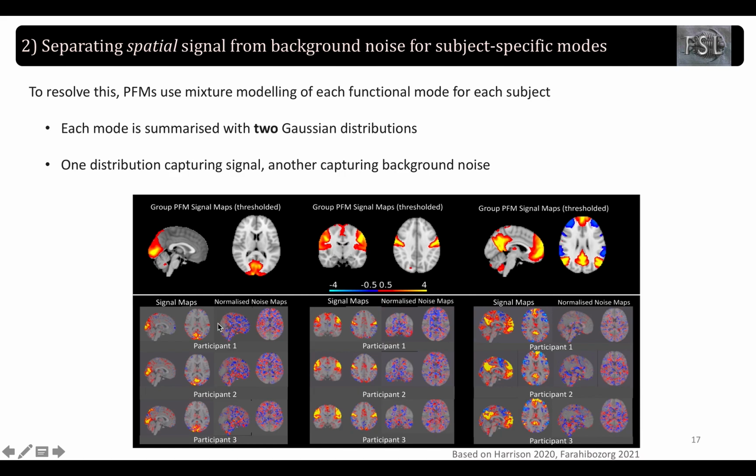By doing this type of mixture modeling, we can separate signal from the background noise. Here I'm showing an example of a mode in the visual cortex, motor cortex, and the default mode network. And as we can see, the model is doing a good job of separating the signal from background noise for 3 example participants.